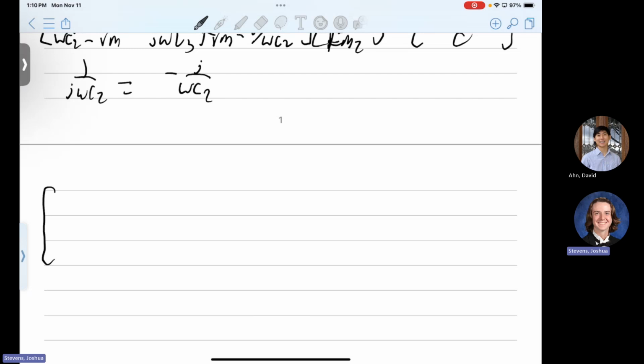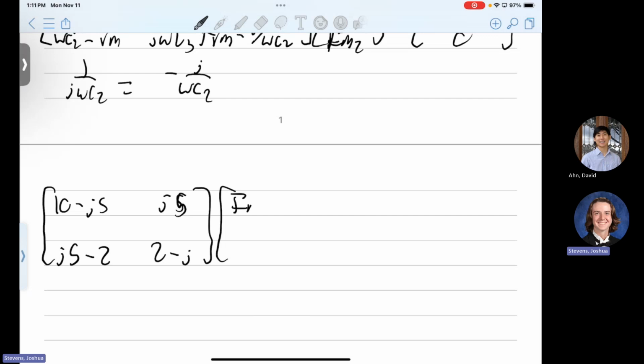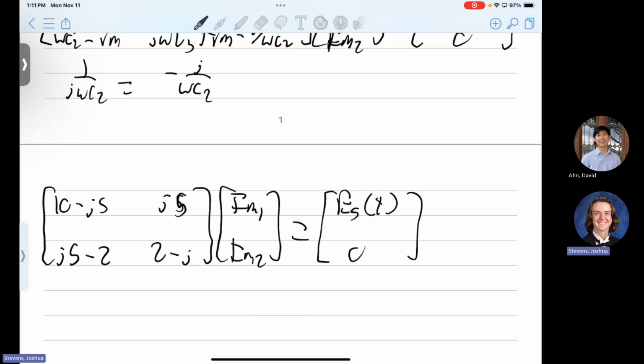We will have 10 minus J5, J5 minus 2, and then 2 minus J. Okay. And then IM1, IM2 equals 2 EG of T. Remember, it's just arbitrary.